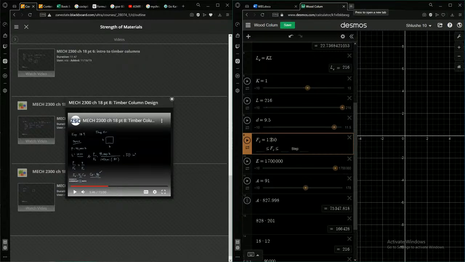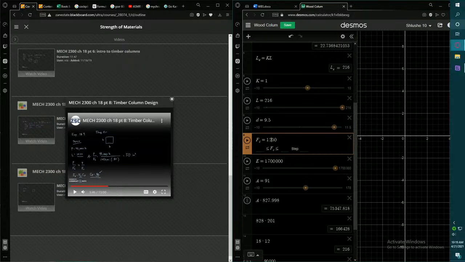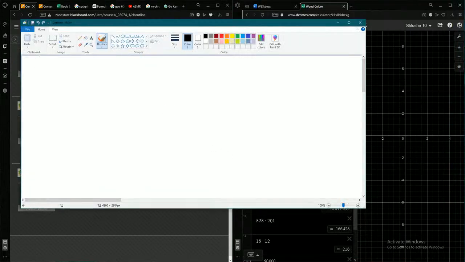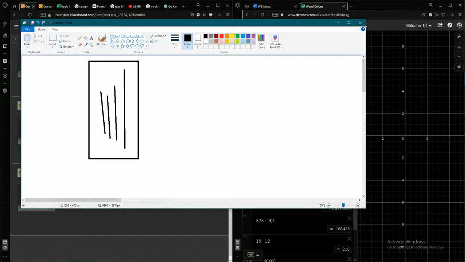I need a drawing tablet. So wood grains are like this, right? In your piece of lumber, you've got the grains of wood going vertically.